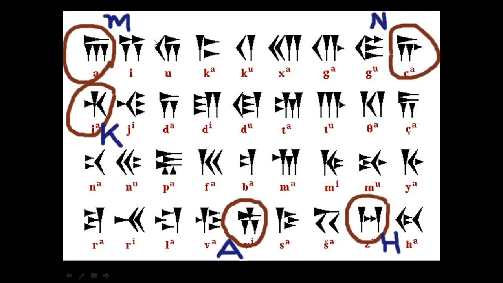Let's use this one. Okay, look at this one. We just use 3 upside down triangles to form a letter M. Or here, we use 1 upside down triangle and 2 crossing other triangles to form a letter K, right?